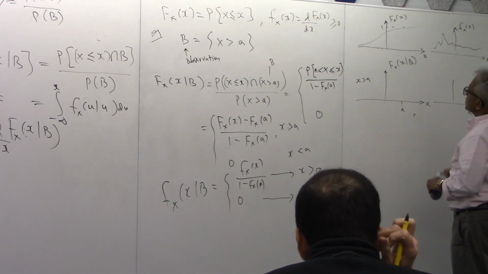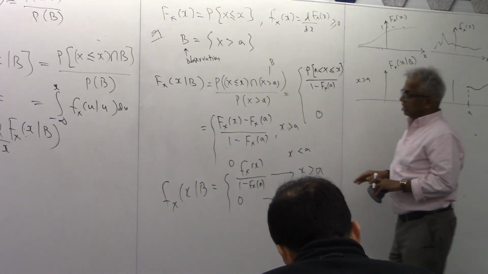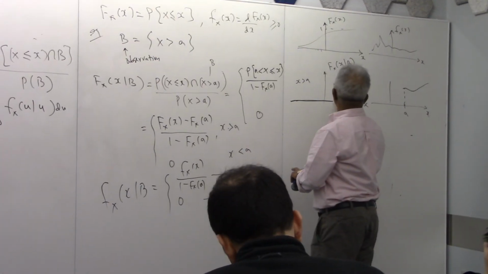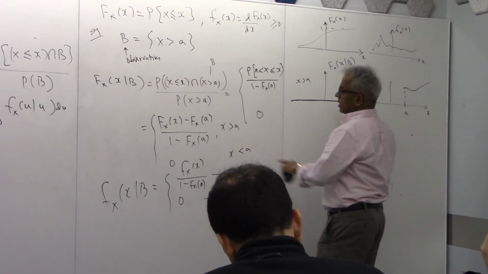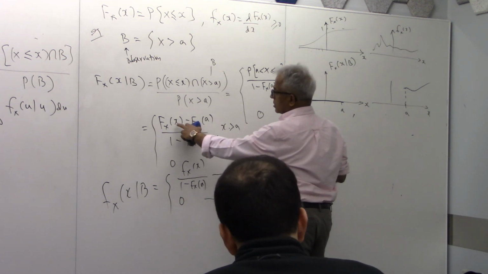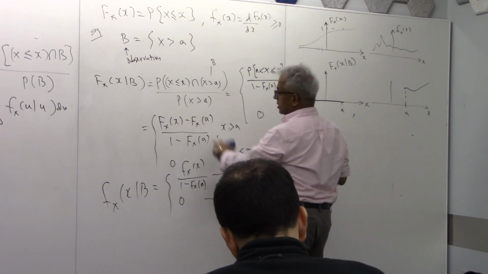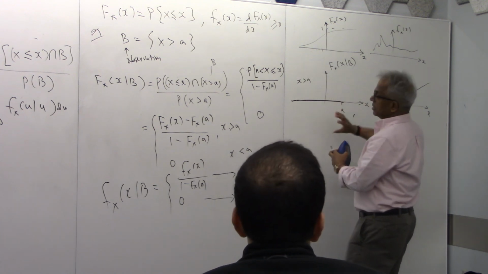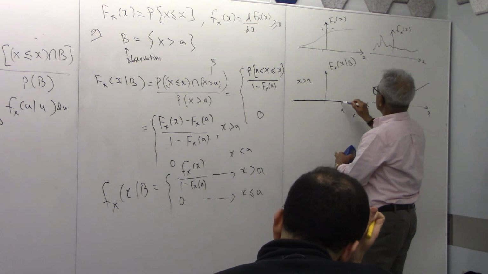And the distribution function is 0 up to here. When x equals a, you can see it's still 0, because the numerator is 0. Then it goes up, scaled and shifted.